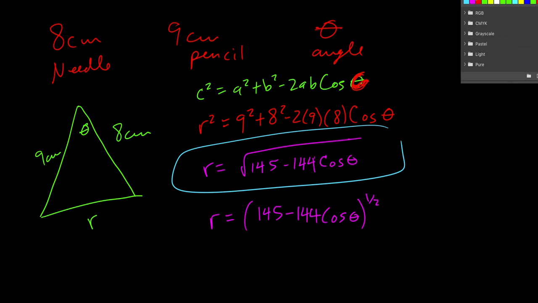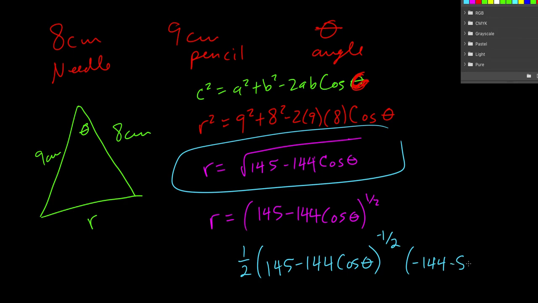Now when we take the derivative, we bring down the 1/2, rewrite the inside, reduce the exponent by 1, and then we have to multiply by the derivative of the inside. The 145 will just go away. We'll get negative 144 times negative sine theta.